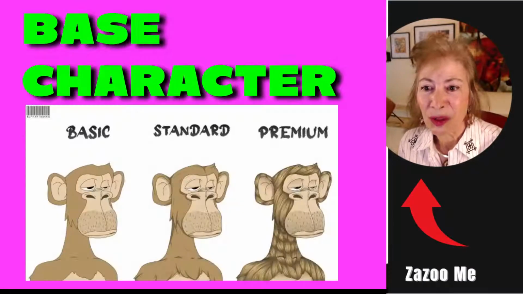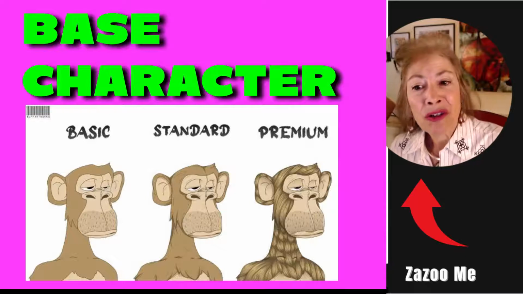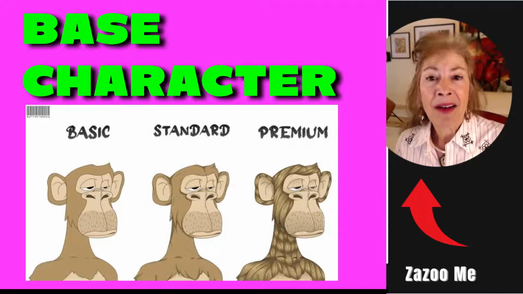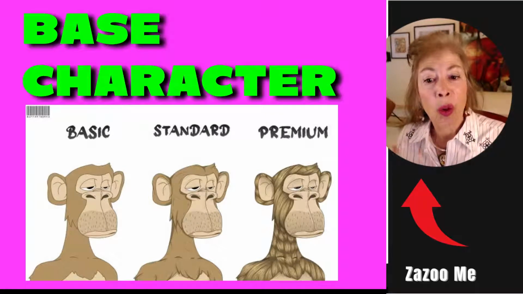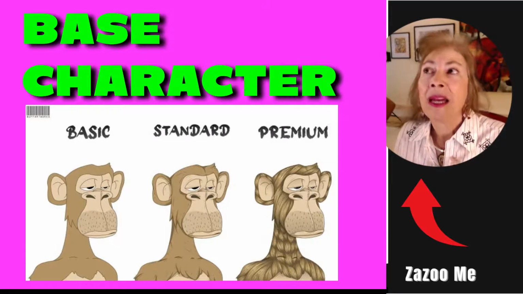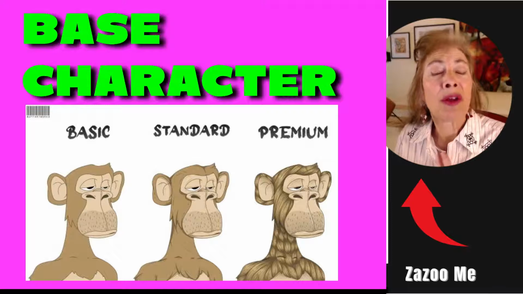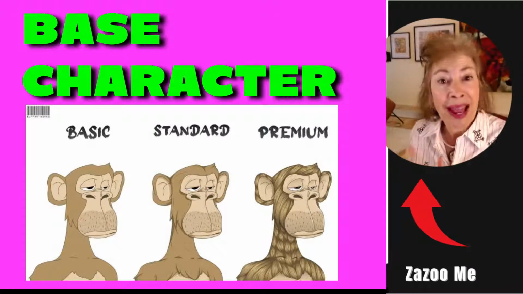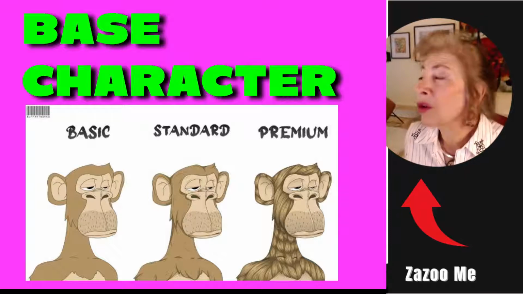Yeah, sophistication is cool. Your base character may be super basic, or it may have a little more definition, so it might go from 2D to 3D to animation. It just depends upon what you want your collection to be.